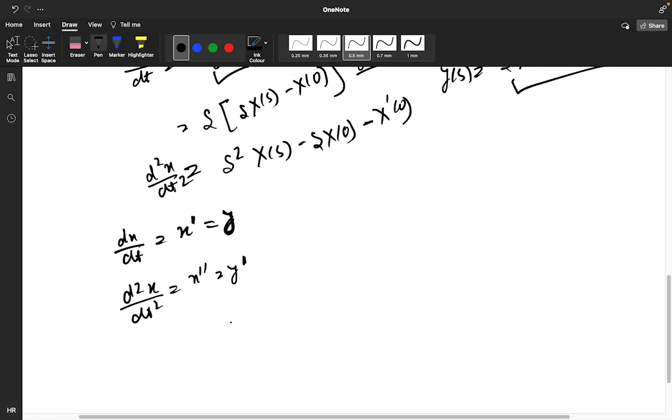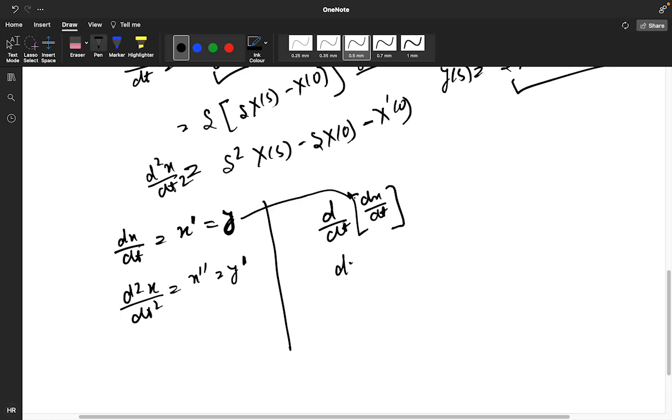Yes, sir. So what I am telling you is, we can write it like this also. In d square x, I take d by dt as common. I have dx by dt, and the value of dx by dt is y, so I can write it as dy by dt. Is this clear?